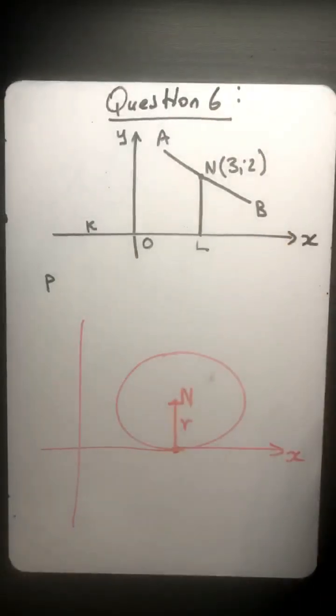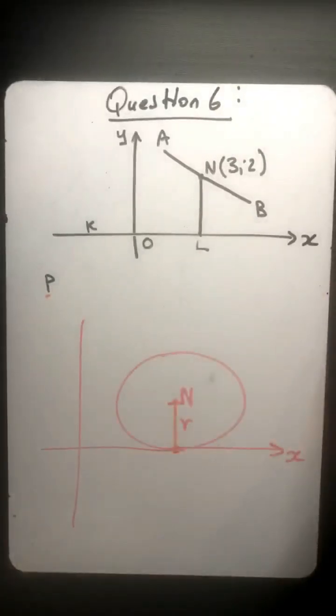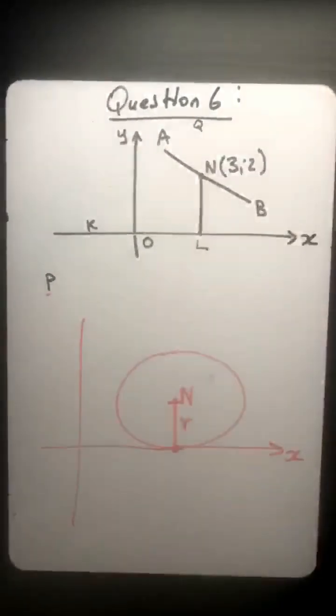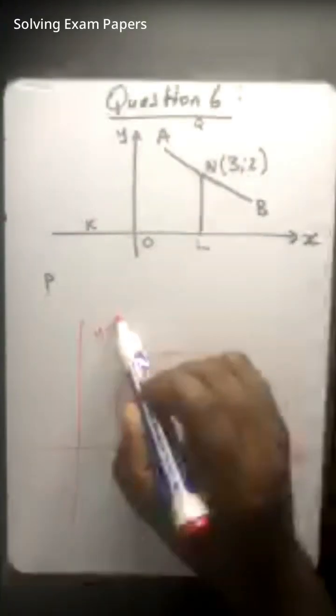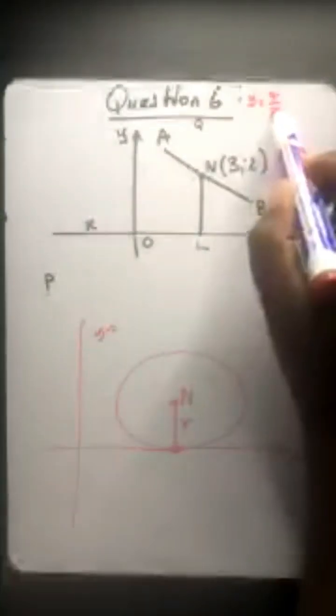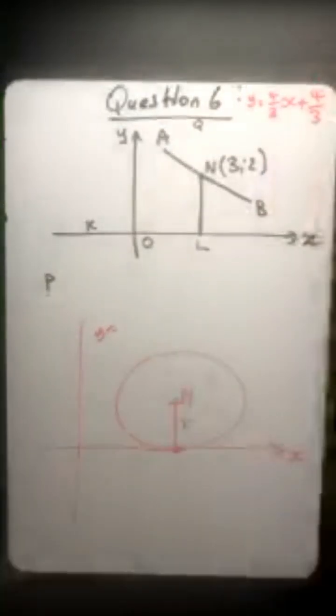Let's continue. The line PQ, where is, oh, there is P. Where is Q? Q is up there and I haven't written that Q, so let me quickly add that Q. The line PQ is defined by the equation y equals 4 over 3 x plus 4 over 3.